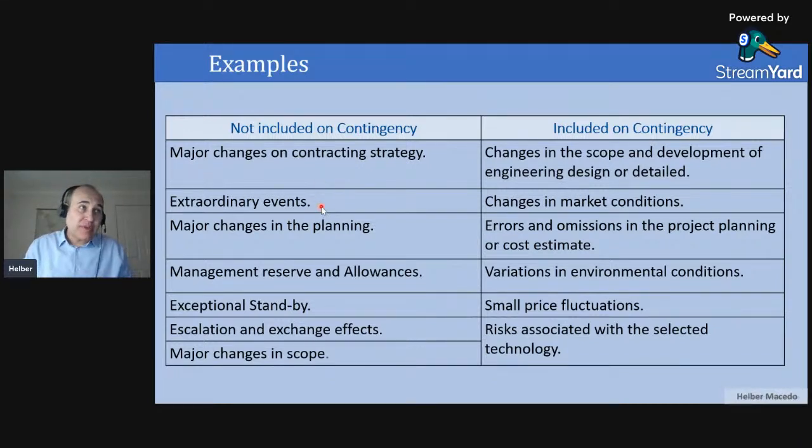A second point: for example, if you have a hurricane, a big event that can destroy a big area of your site, contingency is not able to cover this type of thing. The same way, major changes in the planning. Suppose that in the tender phase, the planning phase, you are thinking that you work from Monday to Friday.